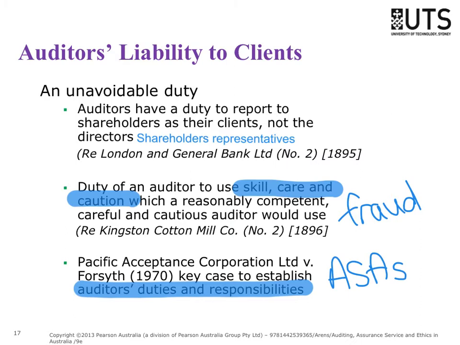In 1970, they came up with some very specific lists of the auditors must collect evidence. The auditors must report on the entire year. You must have a plan. You can't just sort of go in and go, hey, let me see what I'm going to audit today. So a lot of the things that we're going to talk about that we're going to take for granted as the basics of doing an audit weren't actually put into law until we came to 1970.